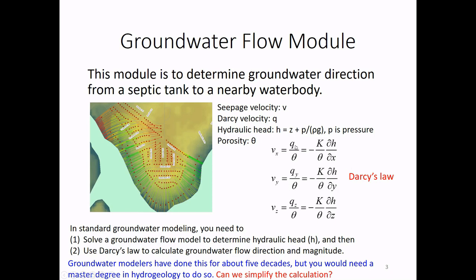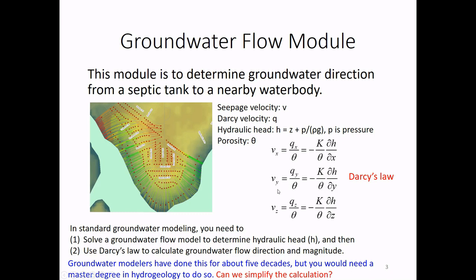For Darcy's law, the Darcy velocity qx is calculated by this equation: minus k partial h over partial x. Here h is hydraulic head, which is essentially where the water level is in the piezometer or in an observation well, and x, y, z are just locations or coordinates. Then we can calculate the velocity in the x, y, z directions.